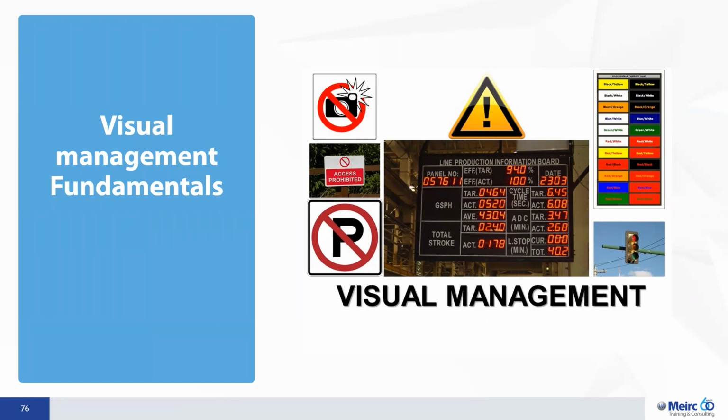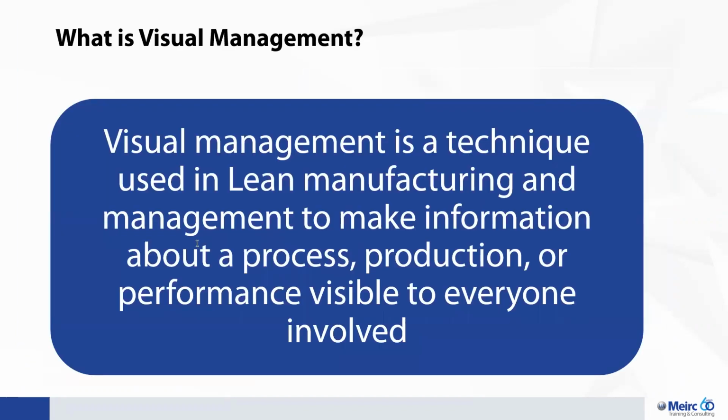What are visual management and visual controls in organizations and how do they help us? This is the topic where in Lean manufacturing, in Lean offices, in Lean thinking, it's all about making the information about the process, the production, the performance of our staff visible to everyone involved. Having that visibility is helping productivity, communication, reducing duplication, reducing mistakes.